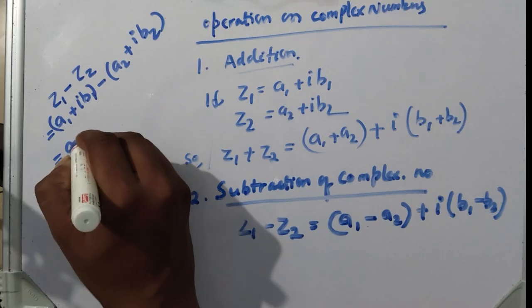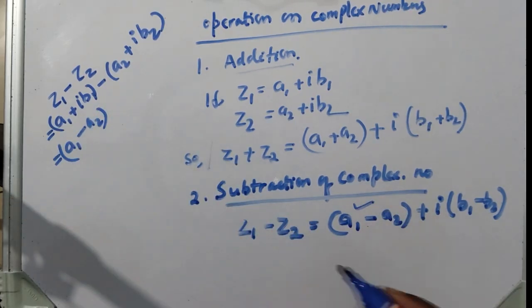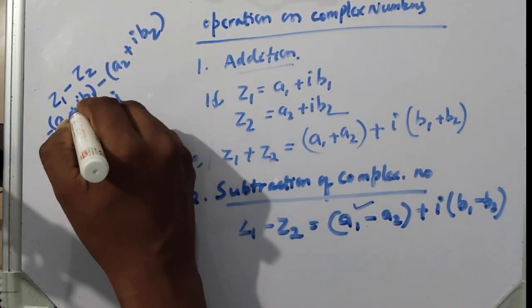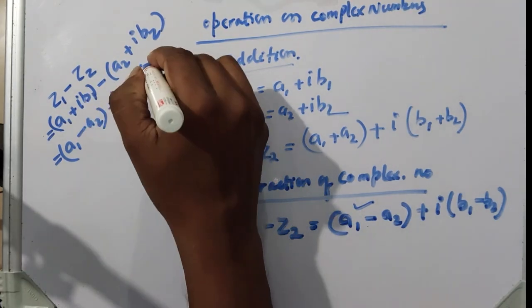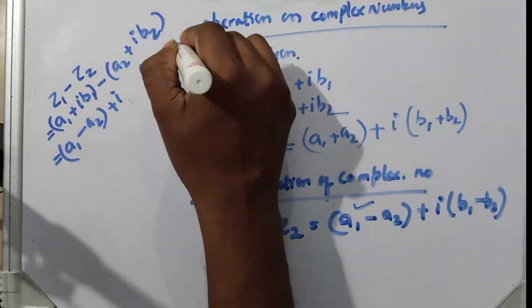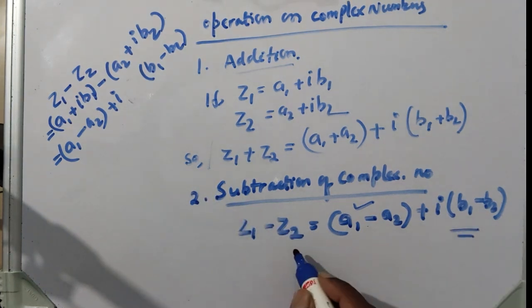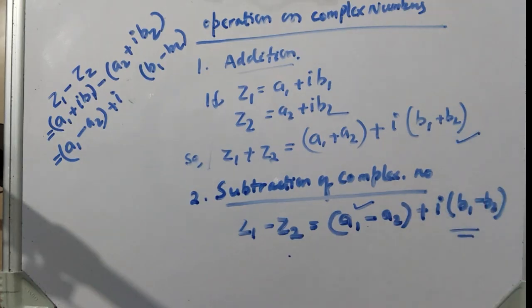So the result will be a1 minus a2, which is correct, plus i times b1 minus b2. So this is correct. This is the addition of complex numbers and subtraction of complex numbers.